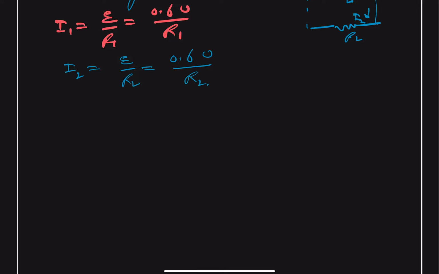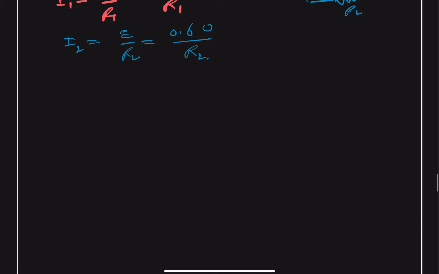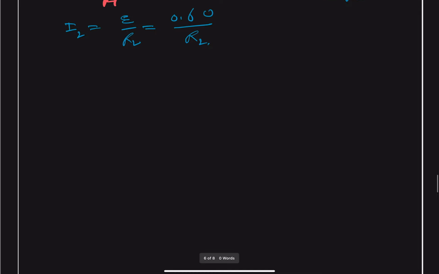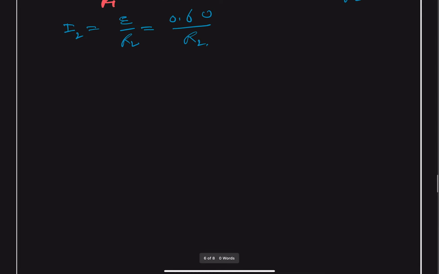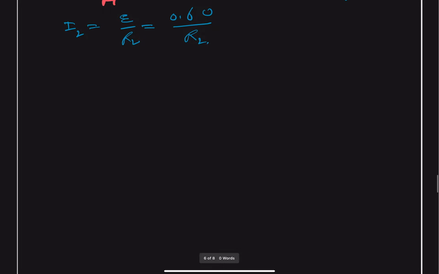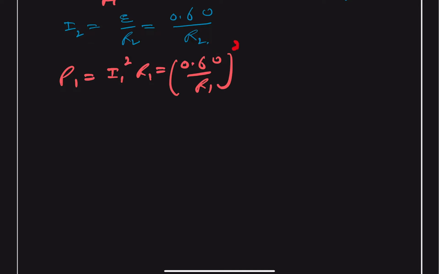And the power dissipation for R1 is P1, so P1 is equal to I1 square times R1, which comes as 0.6 V over R1 whole square multiplied by R1, and this comes as 0.36 V square upon R1.